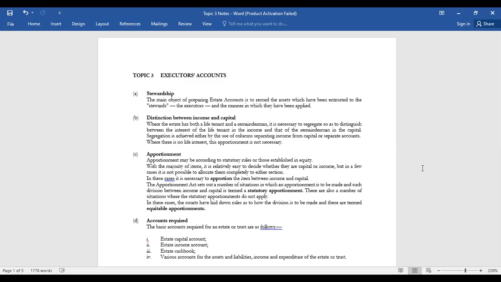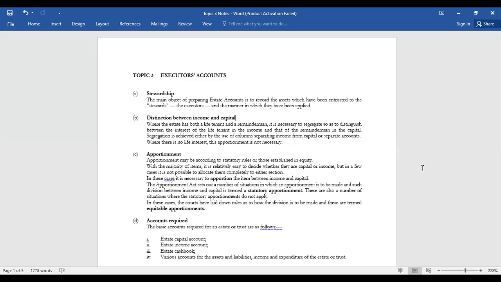So they are supposed to prepare estate accounts, recording all the assets and the outstanding liabilities before it is shared to the beneficiaries. And in this case, we have two forms of entries. We have what we call the income, and we have what we call the capital items. We say where the estate has both a life tenant and a remainder man.